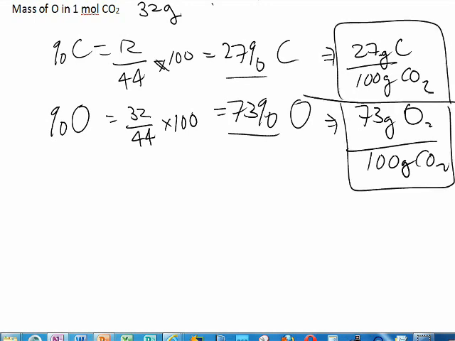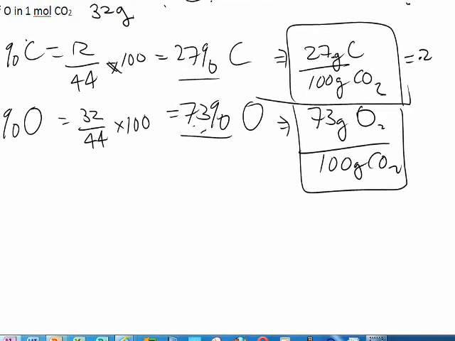We can use these ratios to find out amounts of other masses. You can also write that as 0.27, and as a ratio of 0.73, either way. So let's look at an amount. Let's say that we have 250 grams of CO2.